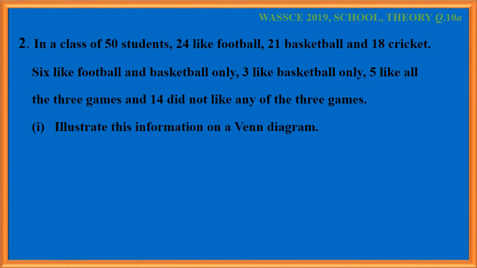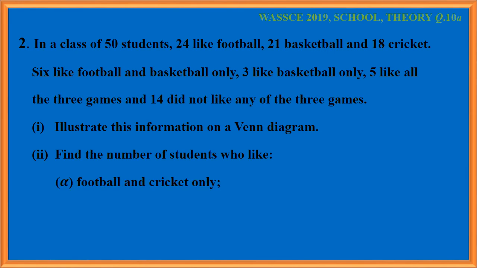We should first illustrate this information on a Venn diagram. Find the number of students who like football and cricket only, and those who like exactly one of the games.